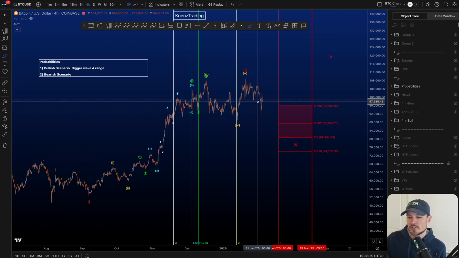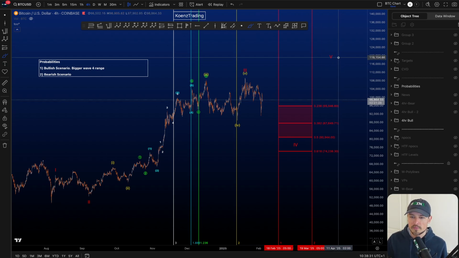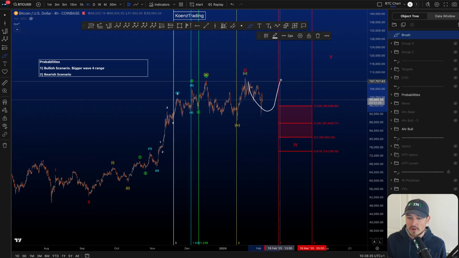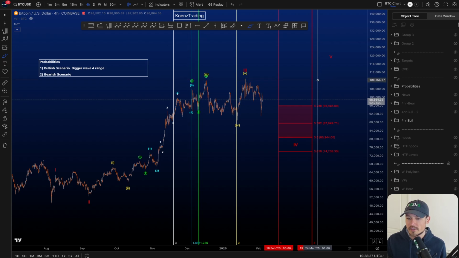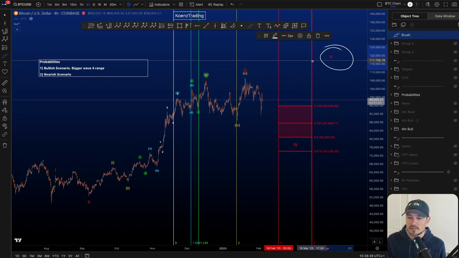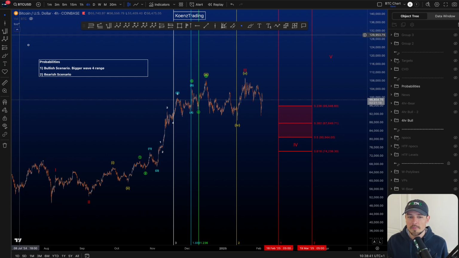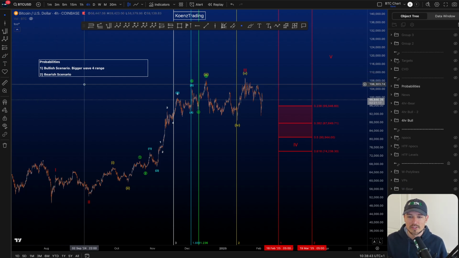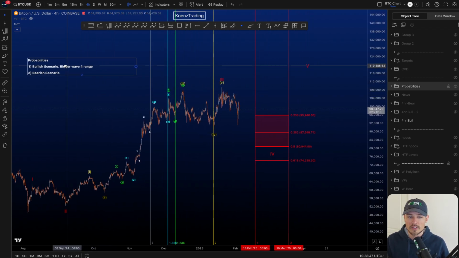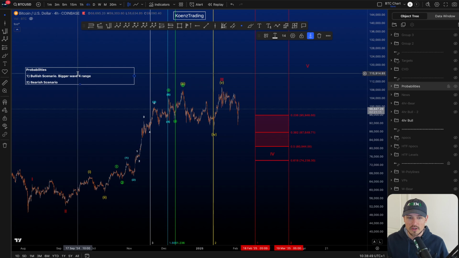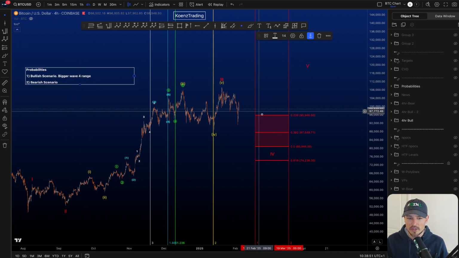Probabilities are higher to finish the bull market between March and October, which is what this represents. Probabilities are higher to have a longer sideways corrective structure, right? And only at a later stage move up for a final impulse in this bull market, which then is your red wave 5 to higher targets. So here you go, probabilities: bullish scenario, bigger wave 4 range is what I keep an eye on.